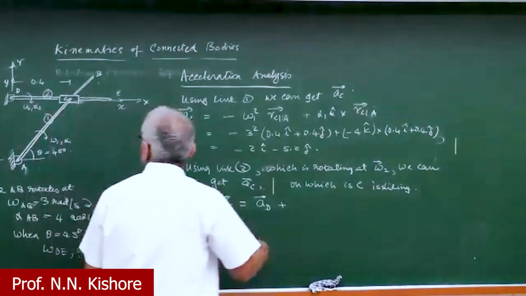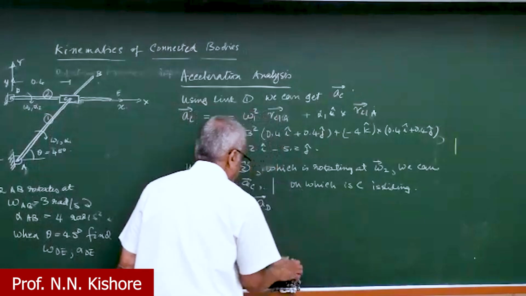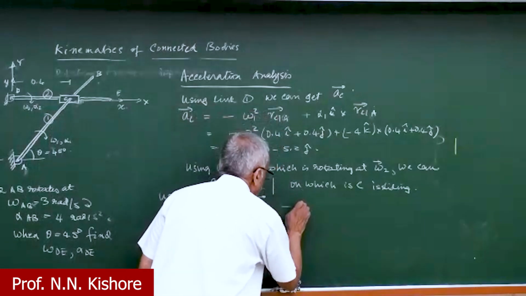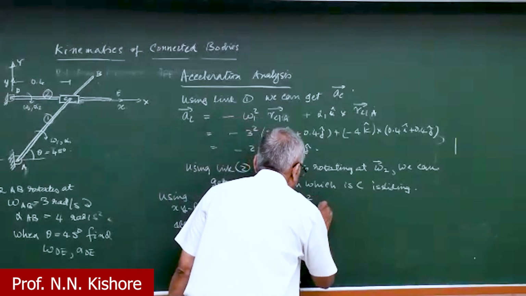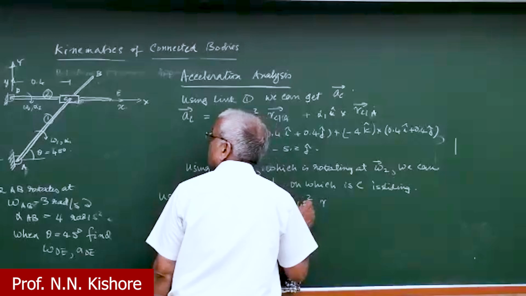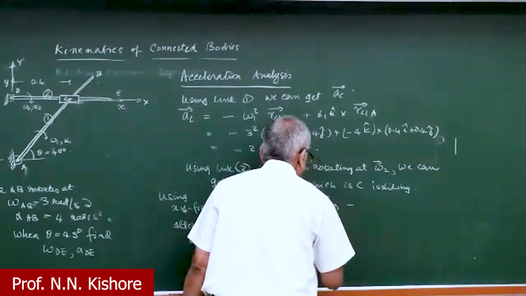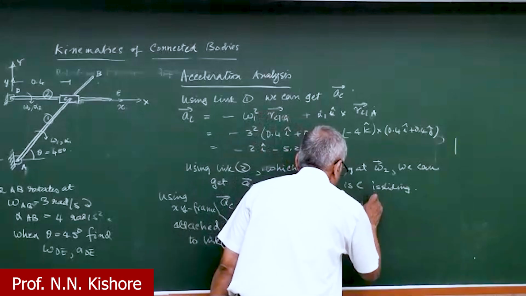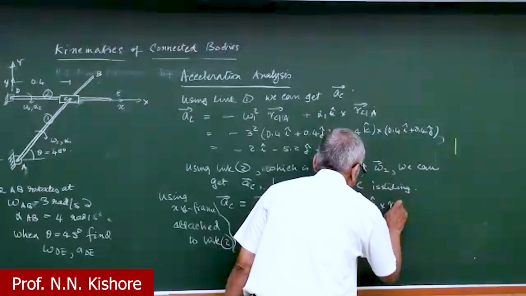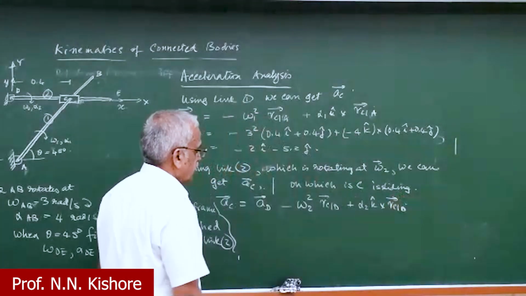Okay, so this is AD plus what else? So we have acceleration. So it is minus omega 2 square times R C with respect to D here, and alpha 2 K cross R for CD.